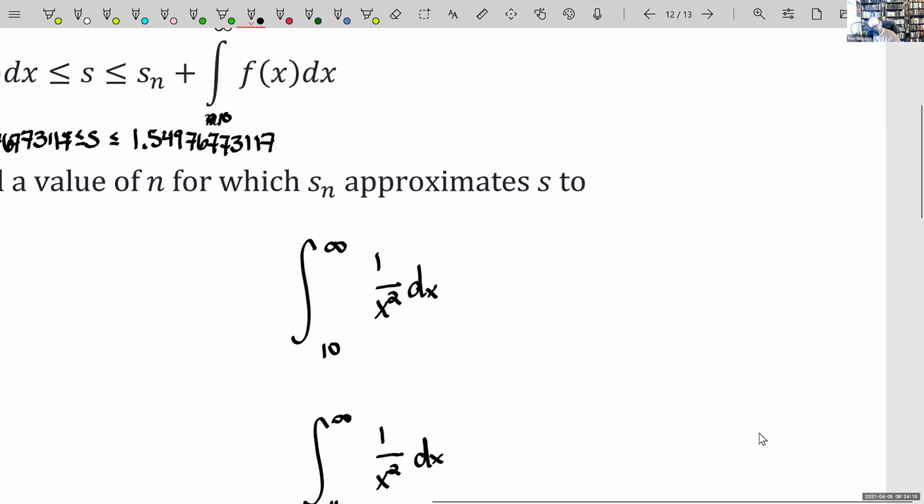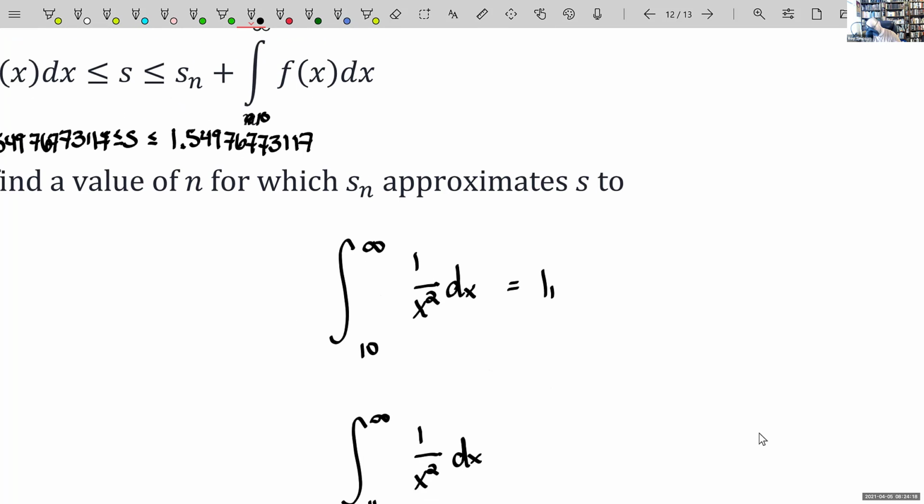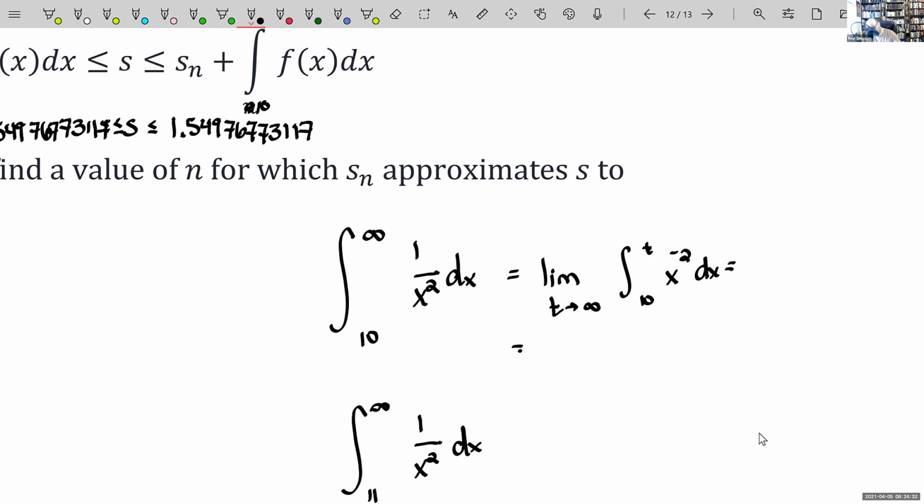In both cases, you're just going to quickly do this. Limit as t goes to infinity, integral 10 to t, x to the -2 dx. And because we're being asked to evaluate this, that's why I'm actually doing the limit here. Negative x to the -1, or in other words, -1 over x, from 10 to t.